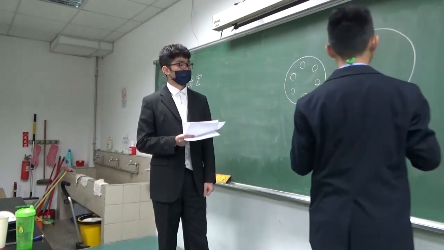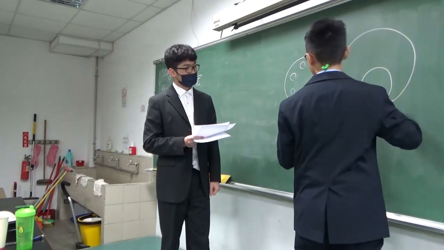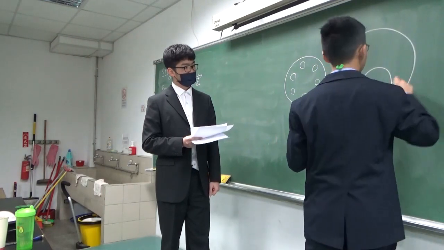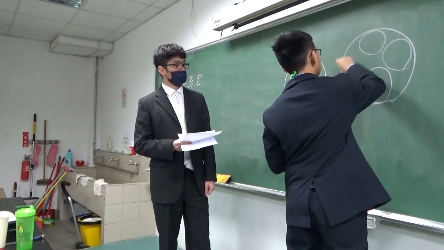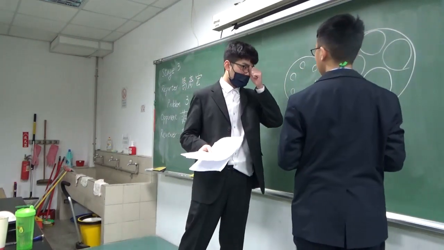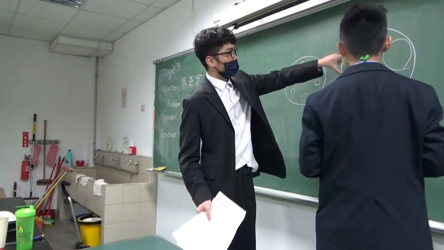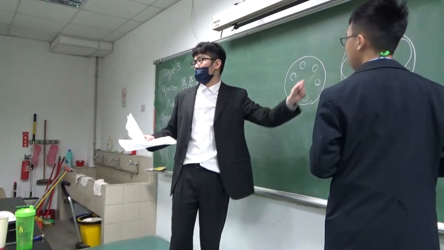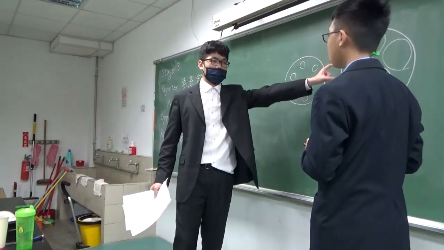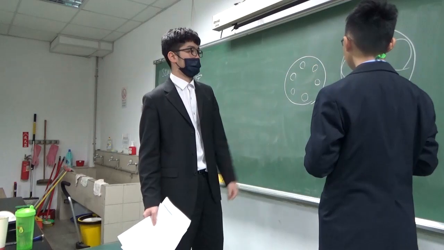If you want to calculate the maximum radius and minimum radius, will you calculate it from the formula or from the experiment?